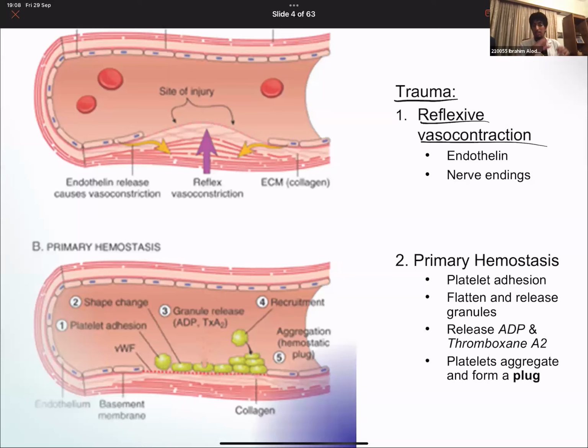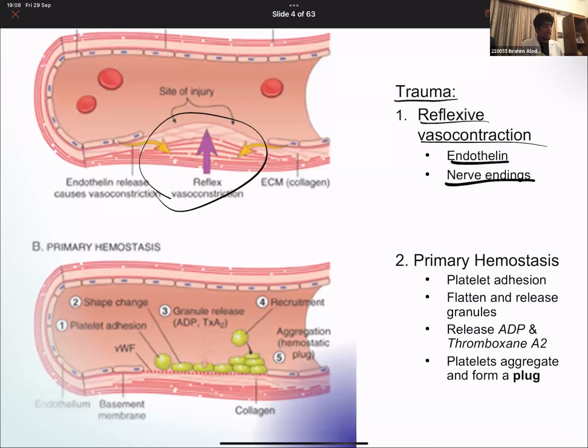Vasoconstriction is just your blood vessels narrowing. Two things are released at the site of injury: something called endothelin, and also the nerve endings in that area release certain things to cause vasoconstriction. That way your blood vessel narrows and there's not as much bleeding.